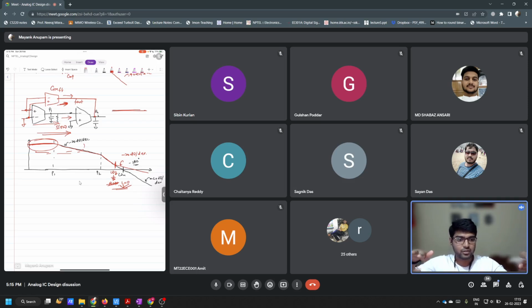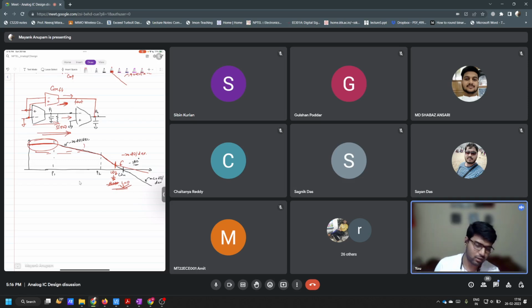The DC level is never changing, so you cannot say whether it is delayed or not. It will always be the same, isn't it? So the slow and fast comparison can only be done when you have a reference frequency, and that frequency should be high enough to make that distinction, right? So that is why this fast and slow path distinction comes only at high frequencies.